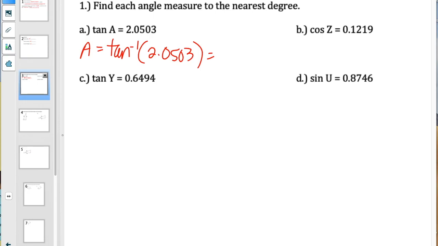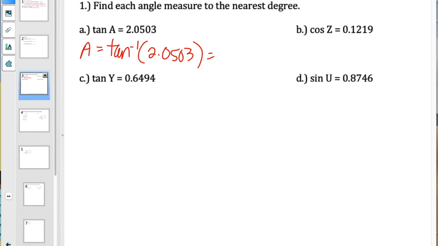Now notice it says to measure to the nearest degree. That is going to be my preference for you this year: if you are ever solving for a missing angle on a worksheet, we're going to go to the nearest whole degree.